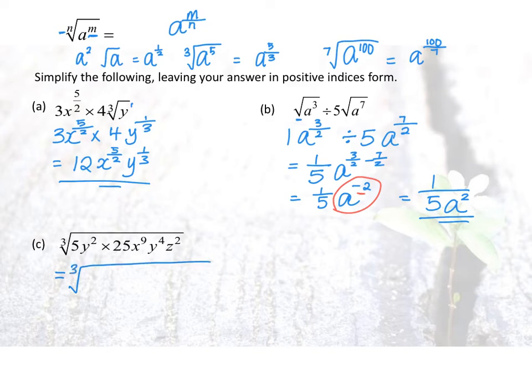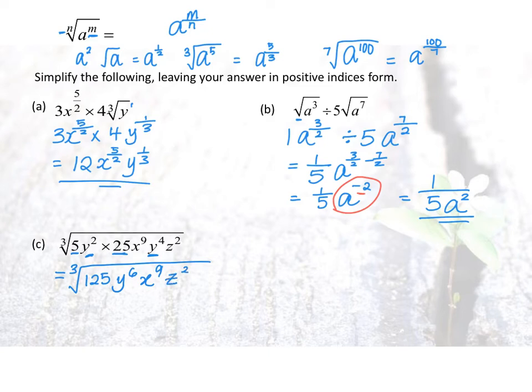So let's take a look at the numbers inside. 5 times 25 gives you 125. y squared times y to the power of 4. What happens to the power? They add up, so y to the power of 6. And I have x to the power of 9 on its own, and z squared.